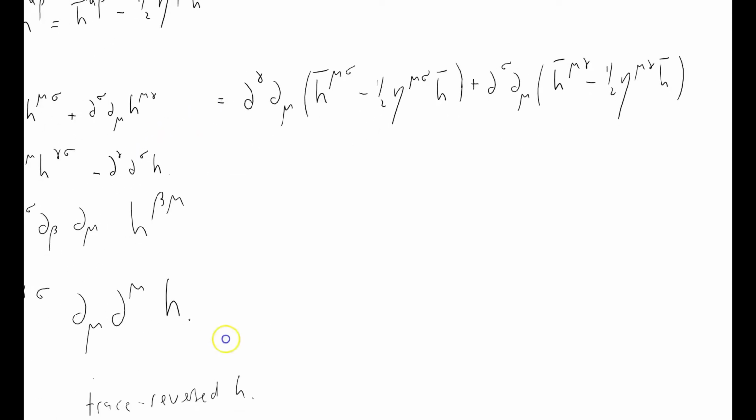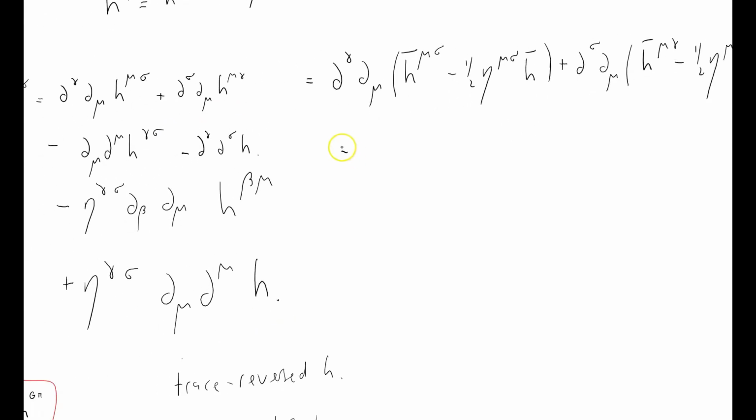Okay, that's two terms. Minus this term here, ∂μ, and this is an important operator. We'll come back to that in a minute. Times h bar. What have we got?